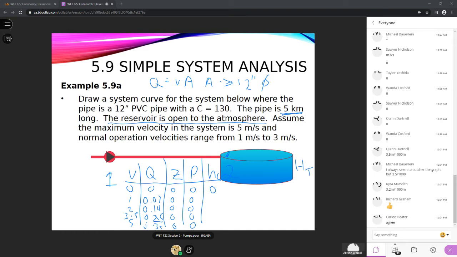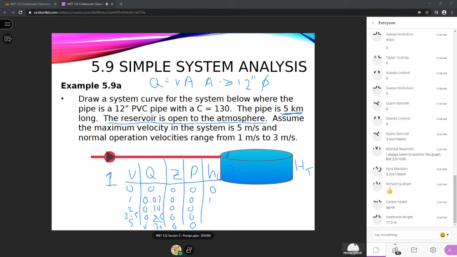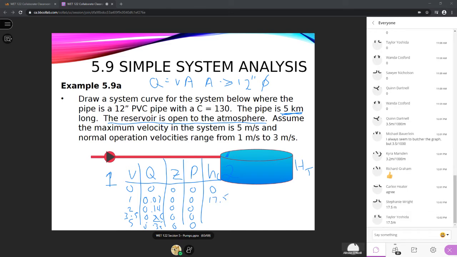So because our pipe is 5 kilometers long, you should end up with a head loss of something like 17.5. Yeah, great.